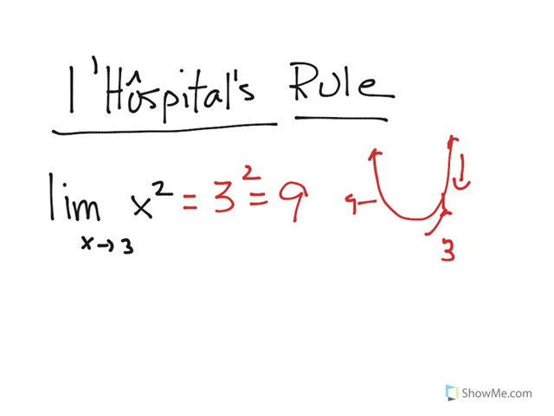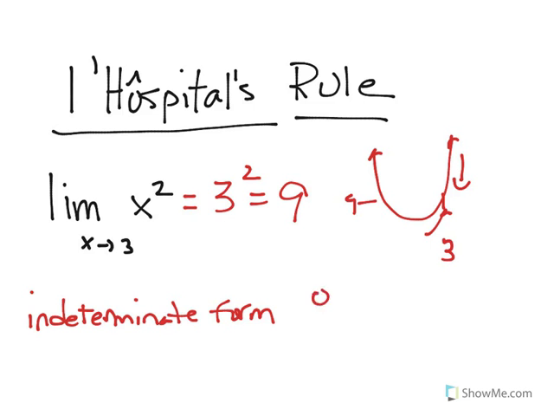So limits are very straightforward unless we have something known as indeterminate form. Let me give you an example of a function that would be like that. There are many different versions of indeterminate form.